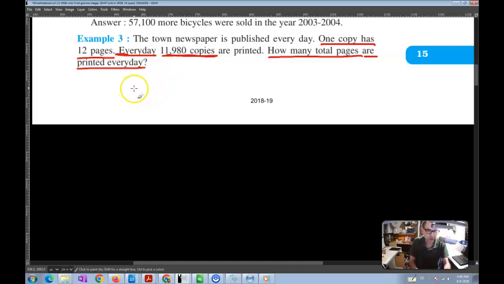Okay, now this kind of question, of course, it's not very confusing, but it's not very straightforward.